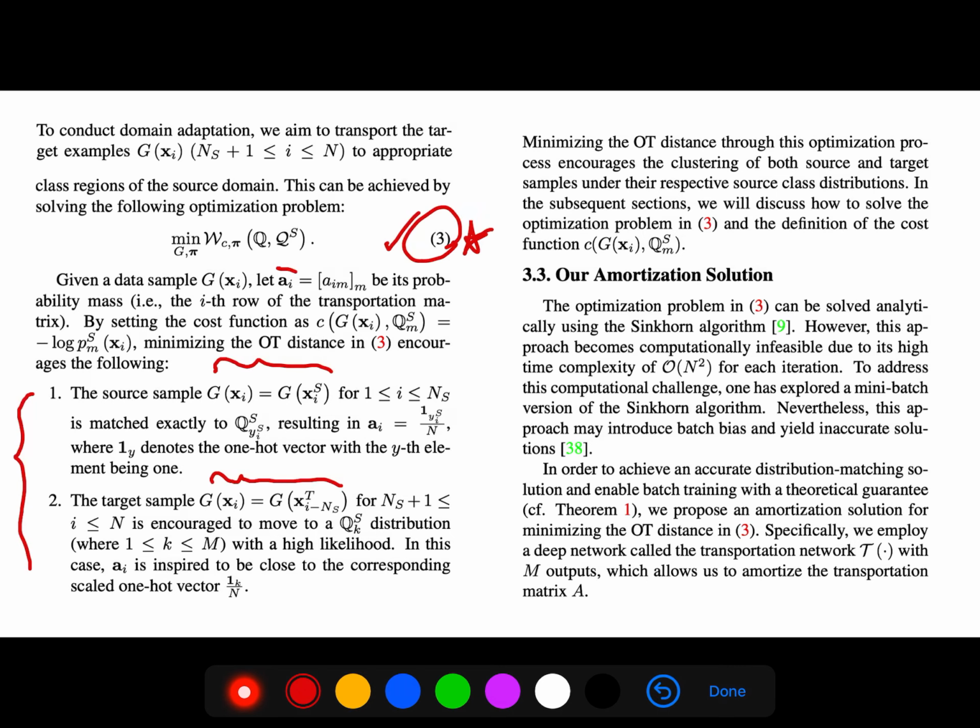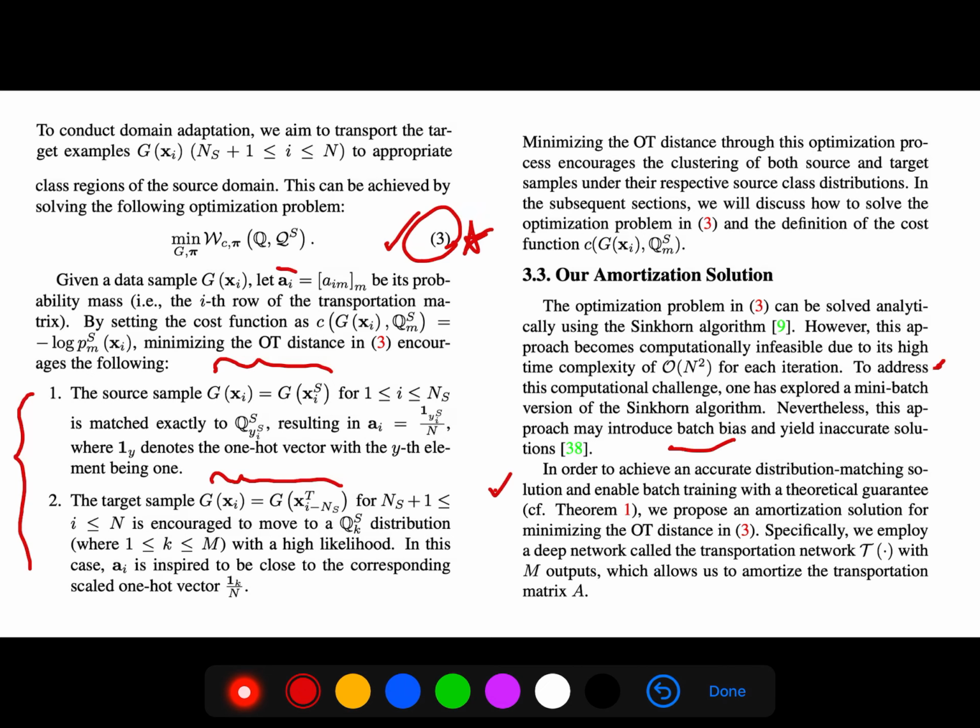However, this approach becomes computationally infeasible due to high computational complexity, order of n squared for each iteration, which is quite high. To address this computational challenge, one has explored a mini-batch version of the Sinkhorn algorithm. Nevertheless, it still has bias. So in order to achieve an accurate distribution matching solution, we propose an amortization solution for minimizing the optimal transport.